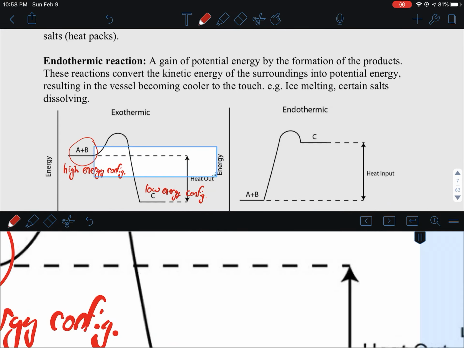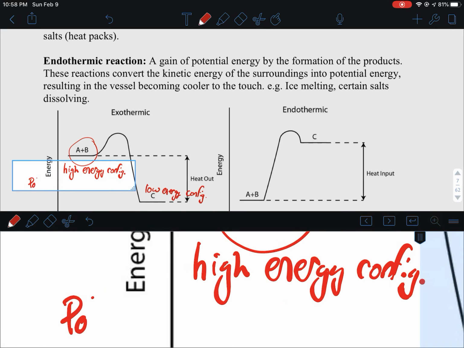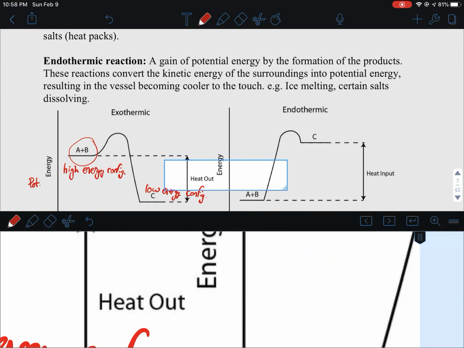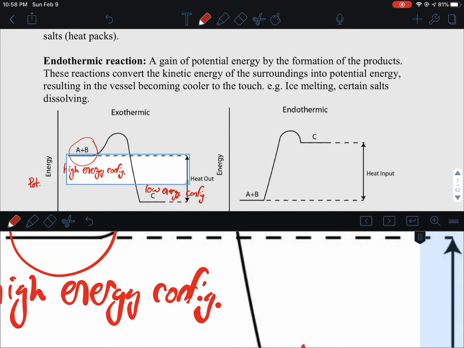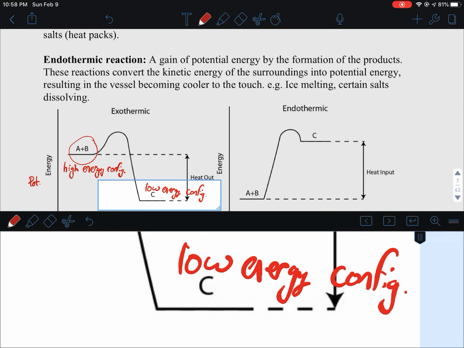And over here, with this difference, the high energy configuration, this is a potential energy diagram. Then the high energy configuration, in this case we have an A and a B molecule, whatever they are, floating around. They become this low energy configuration.